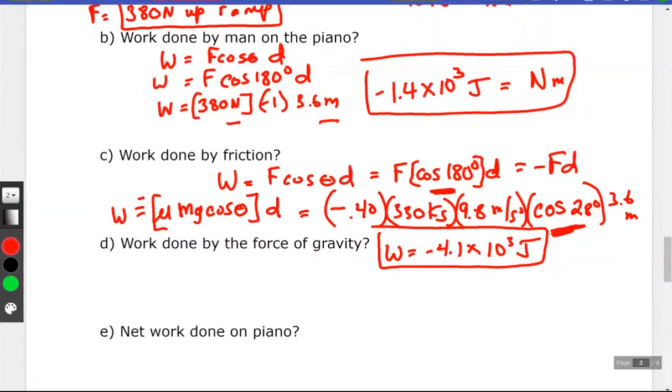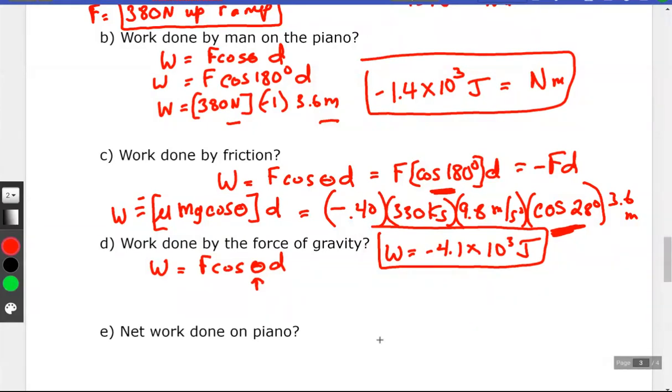What's the work done by the force of gravity? Well, W is F cosine theta d. Now the force of gravity acts down the ramp. That's mg sine theta. It works down the ramp, so that theta is 0. The displacement's down the ramp, and the gravity acts down the ramp.